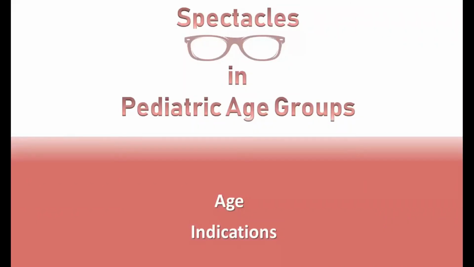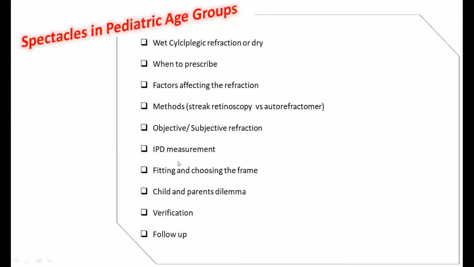And again, the topic of spectacles in pediatric age group is a big topic, and there are many considerations when prescribing spectacles. It depends on age and the indications, whether there is a refractive error only or we have also strabismus. And there are a lot of points to be covered. I shall cover some of these. So do we need to use wet refraction?